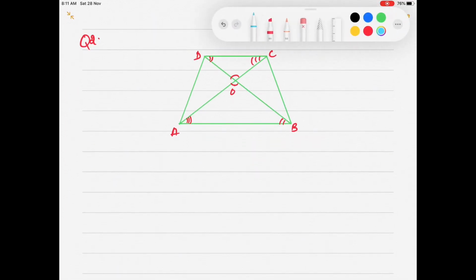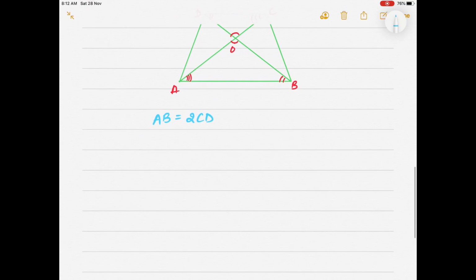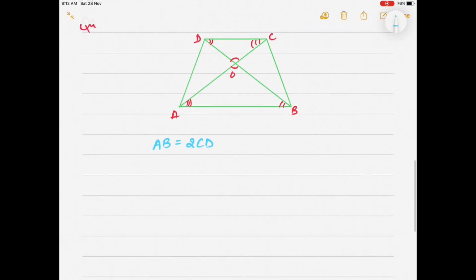Now let's jump to our second question. The question says that the diagonals of a trapezium ABCD, with AB parallel to DC, intersect each other at the point O. It is given that AB is equal to 2CD.